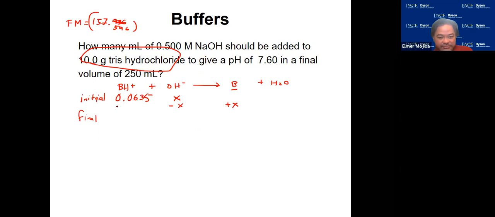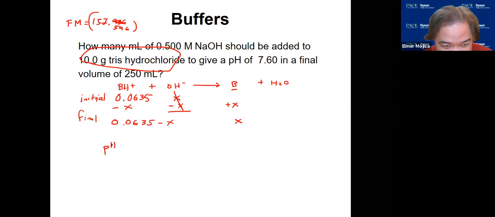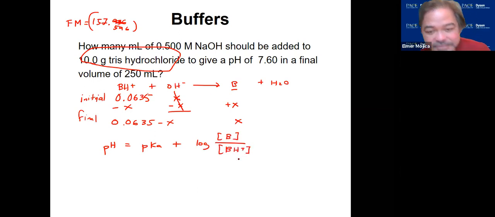So in the final here, you have 0.0635 minus x, and this is x. That's what we're going to use in the Henderson-Hasselbalch equation: pH equals pKa plus log of B over BH plus.